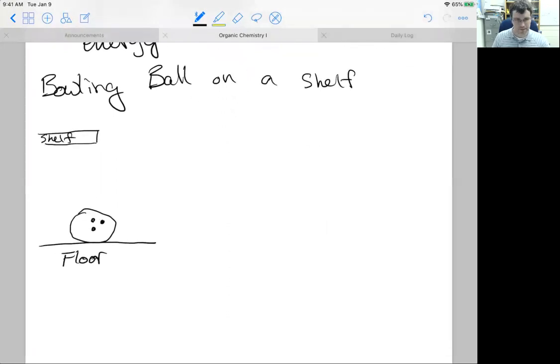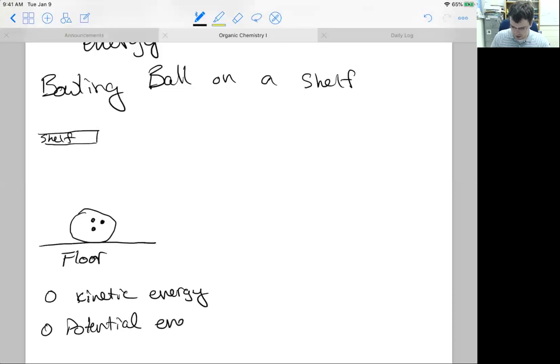What we say here about our system is that we have 0 kinetic energy. And let's say, just for the sake of discussion, we have 0 potential energy. I know as well as any chemist that at the molecular level the bowling ball is not truly at zero kinetic energy, but in terms of rolling around or falling, it's at 0 kinetic energy.